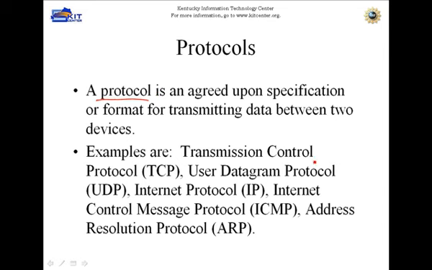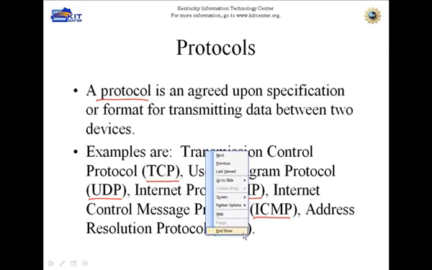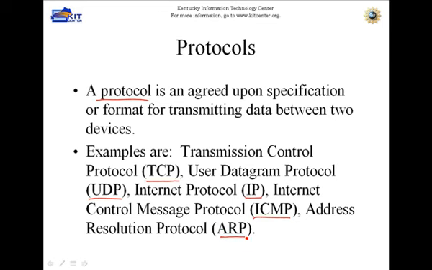We've talked about, I briefly mentioned, TCP and UDP. We're going to look at these in more detail in other videos. We've got IP. ICMP is the Internet Control Message Protocol. There's another protocol that's very important called ARP. These are all examples of protocols. And if you're really interested in more technical background on this, you could do a Google search on, for example, TCP, or the Transmission Control Protocol.